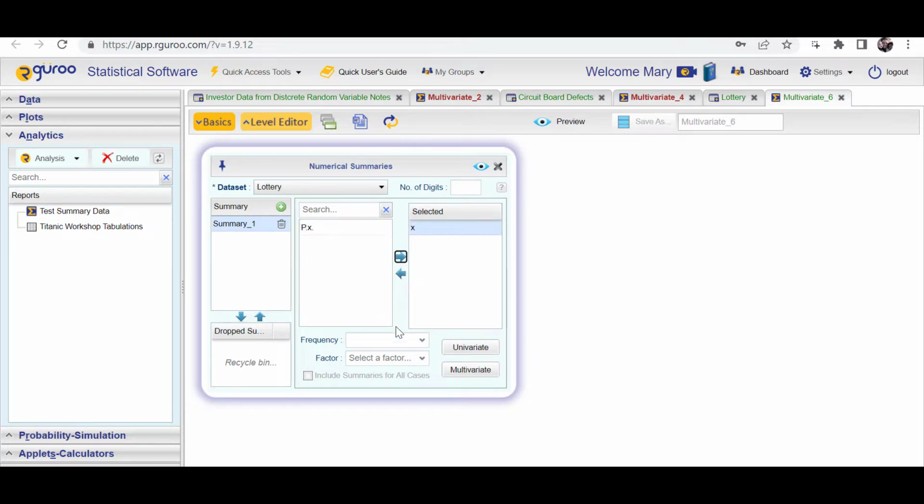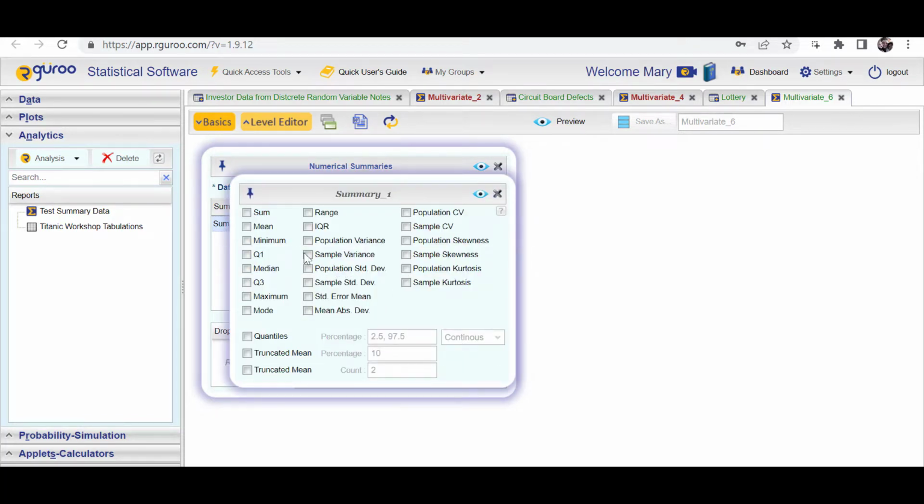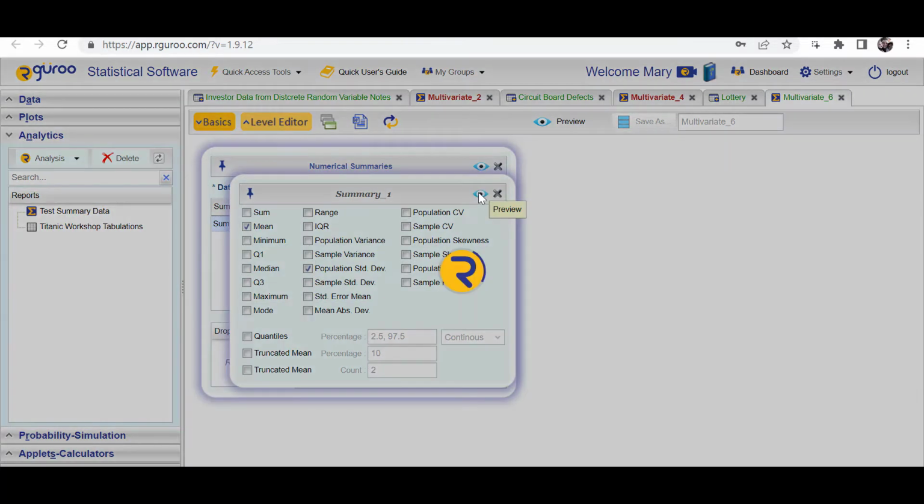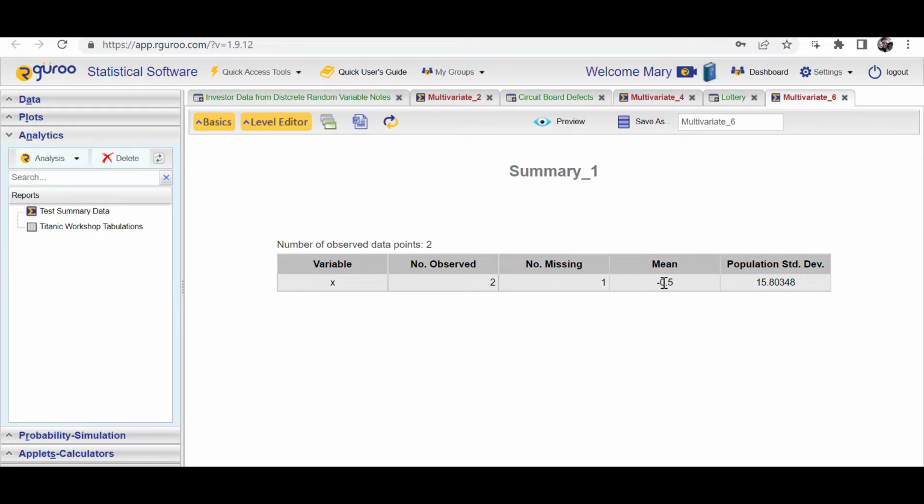And then frequency has to be your P of X, univariate. And then we're choosing mean for the expected value and population standard deviation. And then we preview it. And it looks like the mean is -0.5 with a standard deviation of 15.8.